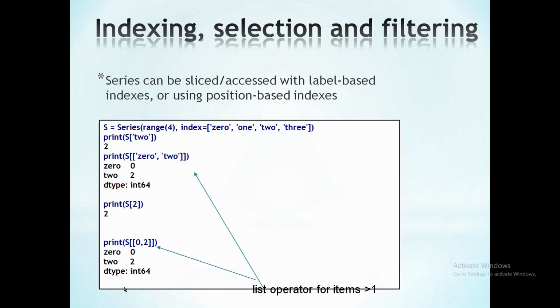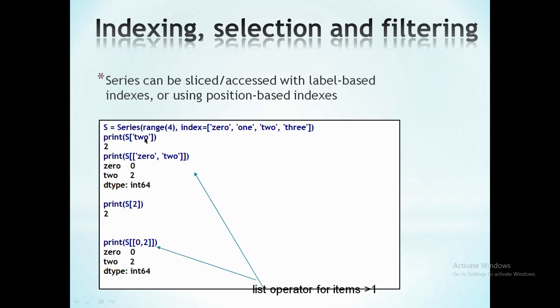The next topic is how we can do indexing, selection and filtering operations. The first series I have created is a range of 4. Then I am using 0, 1, 2, 3 as the index values for the series. Now I am referring to S of 2.